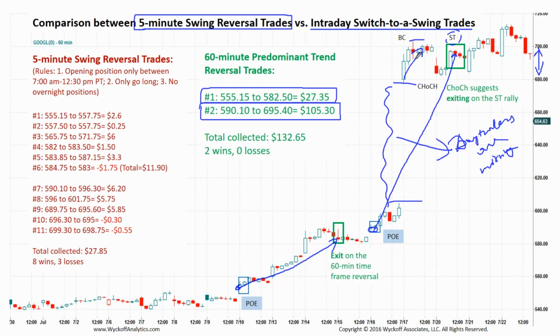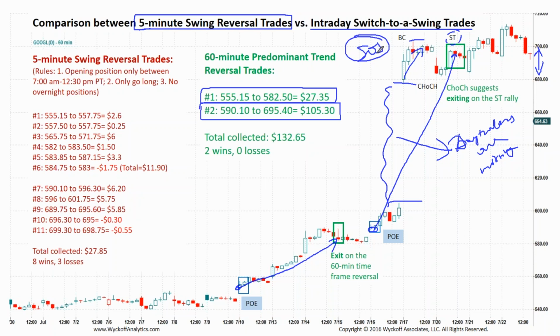But consider thinking about, what if I open as an intraday trade? I know that there's going to be a sign of strength. What would the sign of strength be associated with? A lot of velocity, a lot of momentum. How would that momentum be depicted? Either big spread bars or some gaps.